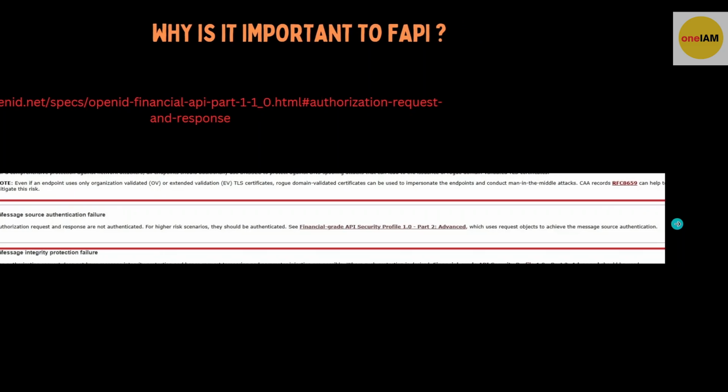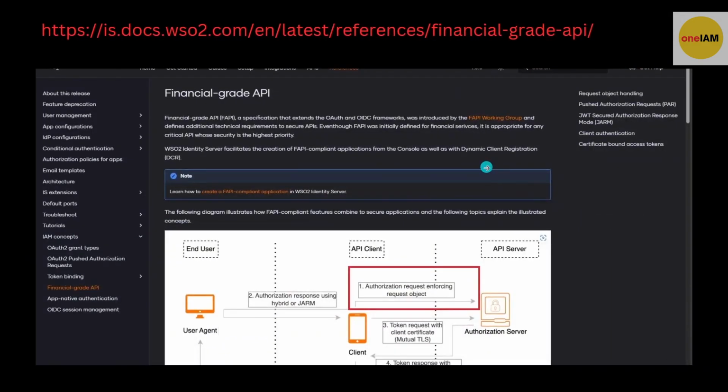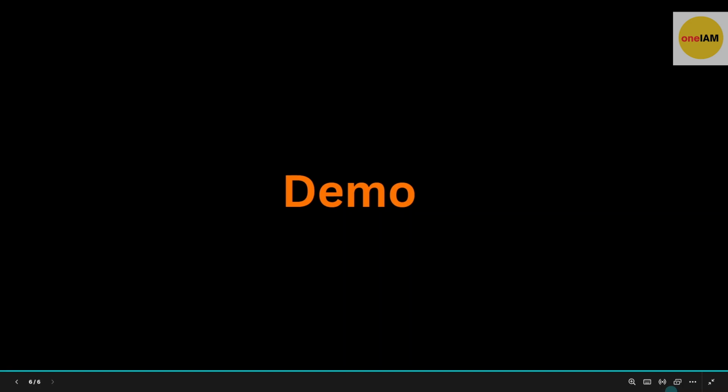We can see this if you go to the WSO2 documentation and down to Financial-grade API. In the diagram itself, we see this part: in the initial authorization request, we are using a request object. This is referring to the FAPI specification as well. Now let's see this in action in the demo.